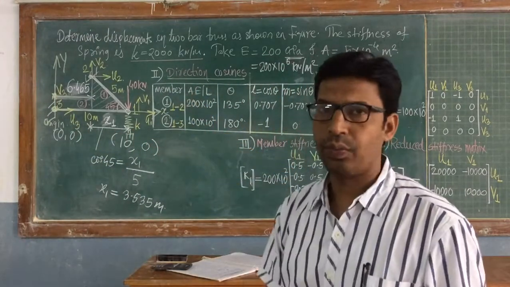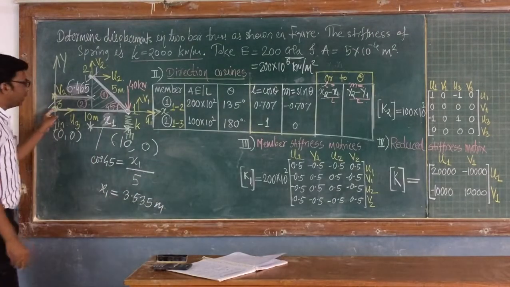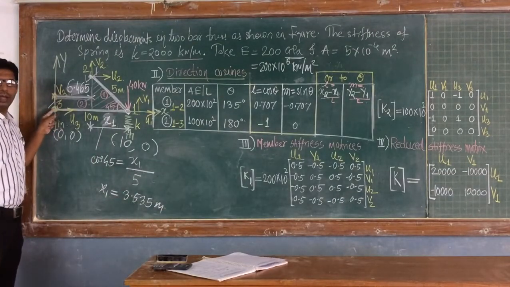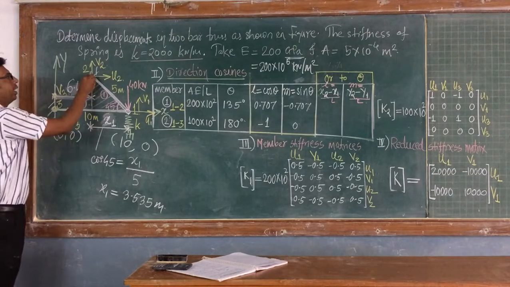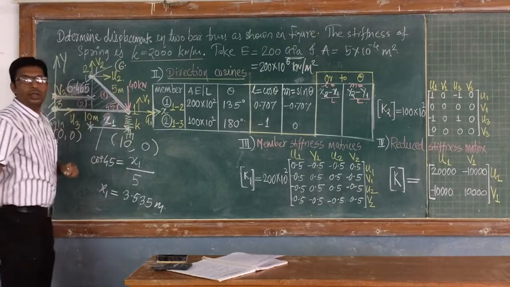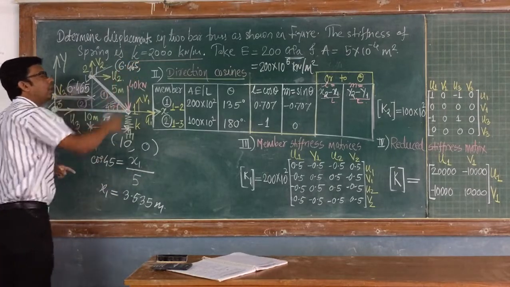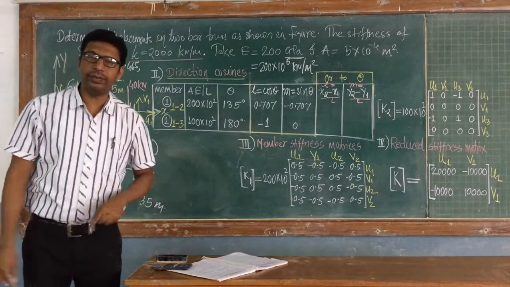So now, with respect to this origin, the coordinates of 2 are 6.465, that is the x coordinate.